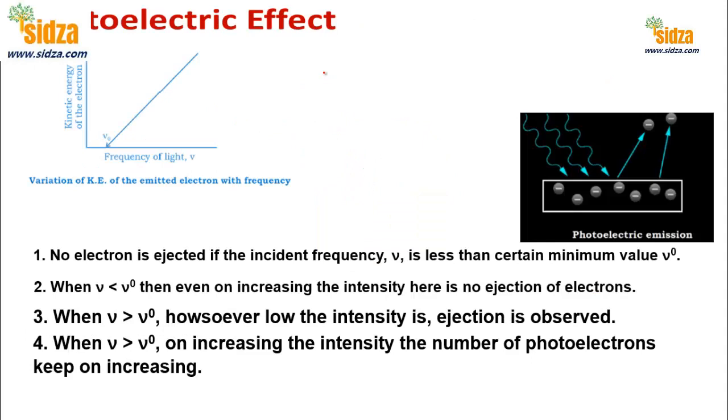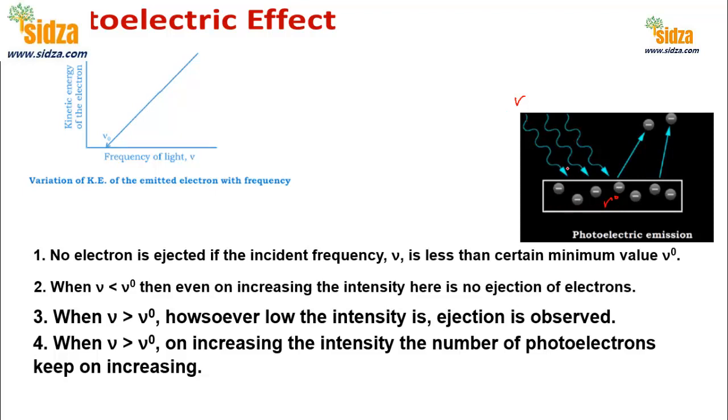So here we observed these four important things in the photoelectric effect. When we use a radiation that has a frequency less than this work function, then no photoelectric effect can be observed.